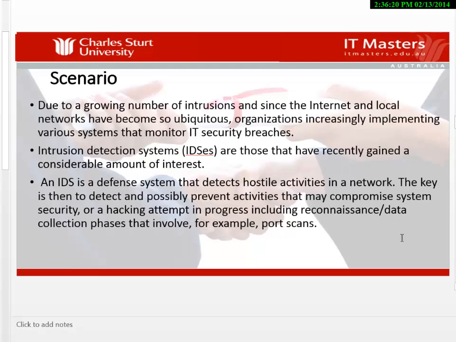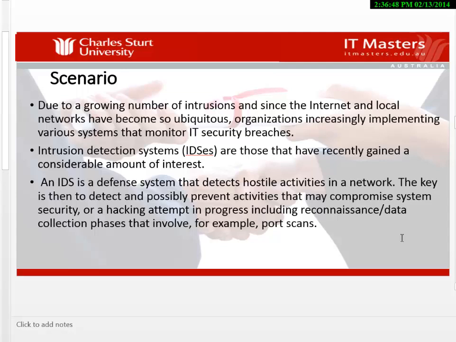So we have a scenario. With a growing number of intrusions, and as the internet and local networks have become so ubiquitous, organizations are increasingly implementing various systems that monitor IT security breaches. Now we need an intrusion detection system, and your job is going to be to install that.